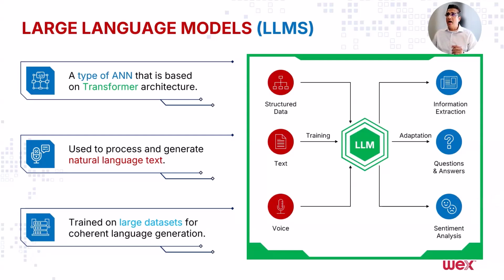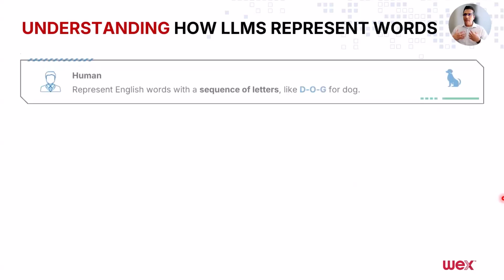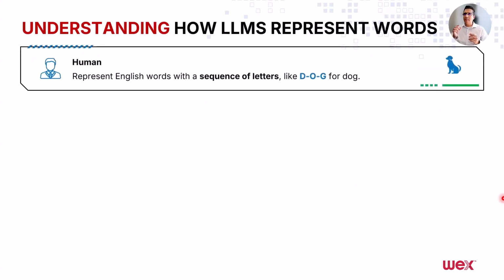Now, how do LLMs represent words? This is important to understand. If you think about humans, we represent words by a sequence of letters. So if my daughter tells me about a dog, what comes to my mind is a realistic image of a dog, and also the word dog, D-O-G.